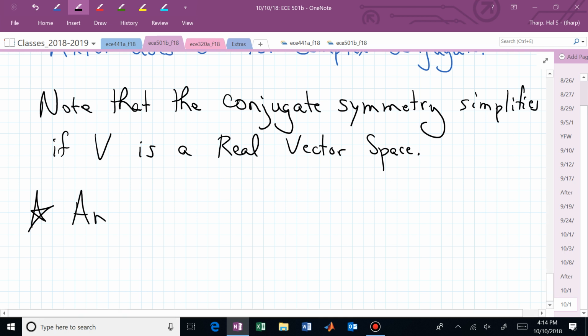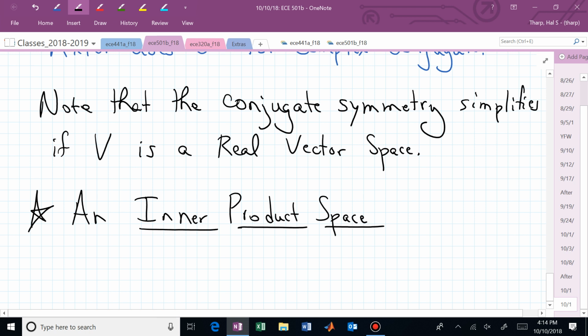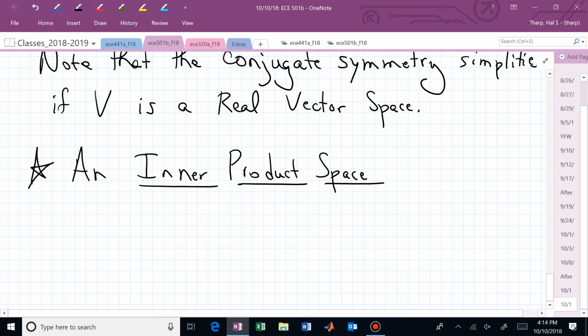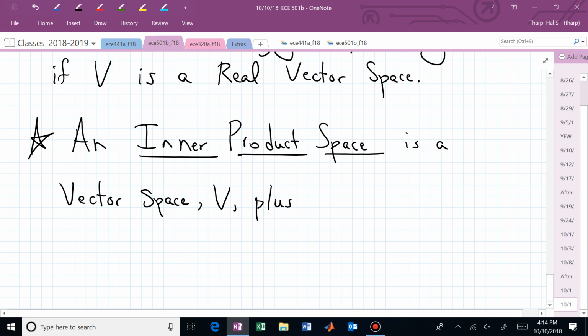An inner product space, and you can compare that with the vector space, is a vector space, let's say capital V, that has an inner product rule on that vector space.